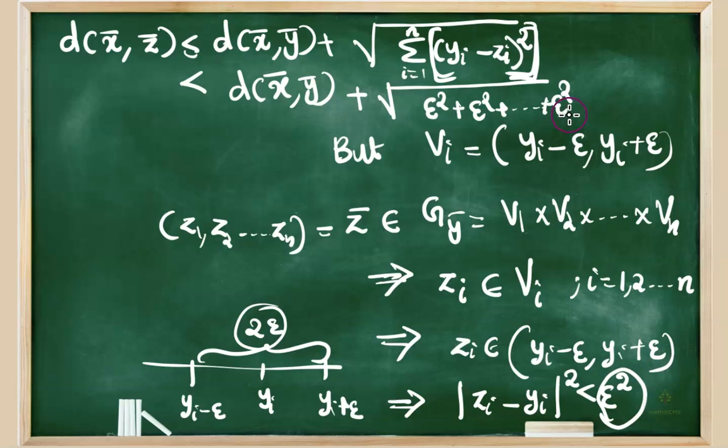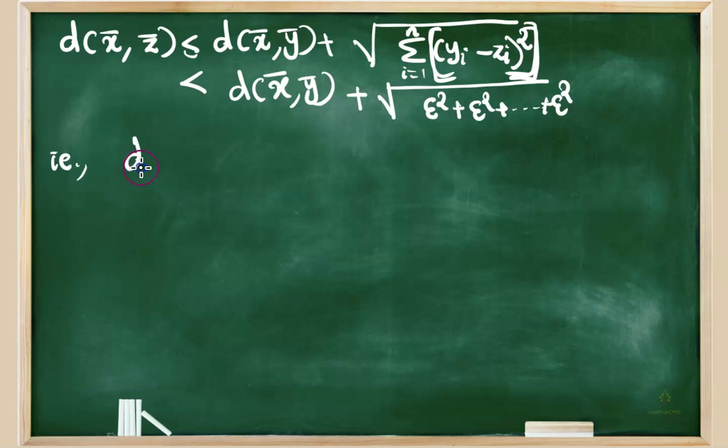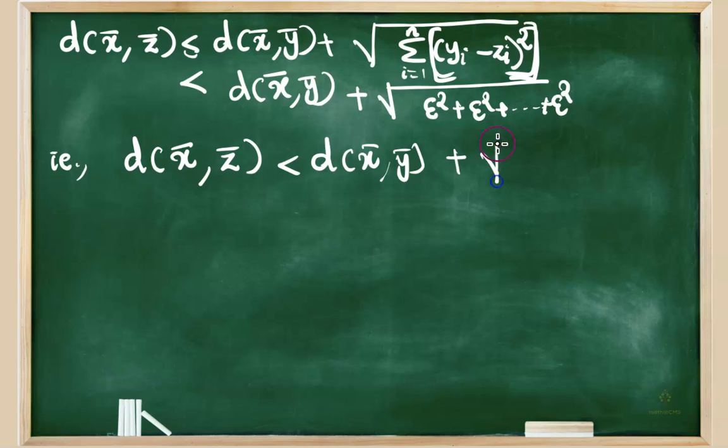The sum contains epsilon square n times. That is, we have obtained the inequality d(x̄, z̄) is less than d(x̄, ȳ) plus the square root of n epsilon square, n times epsilon square.